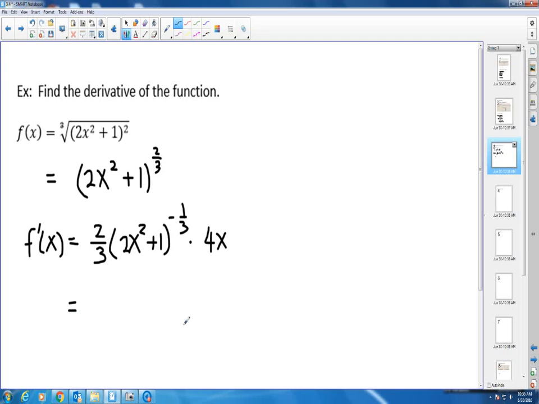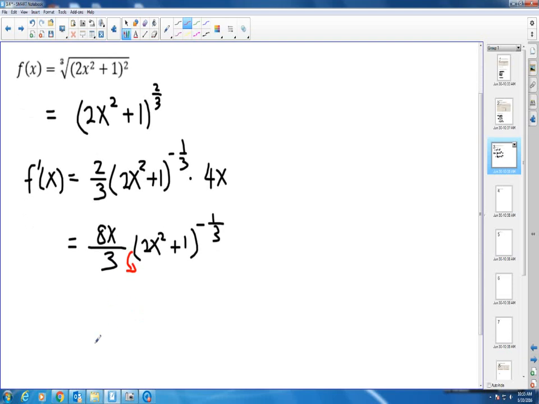Alright, let's simplify this. 2/3 times 4x is 8x over 3. So this is 8x over 3 times 2x squared plus 1 to the negative 1/3 power. A negative exponent flips to the bottom of the fraction.